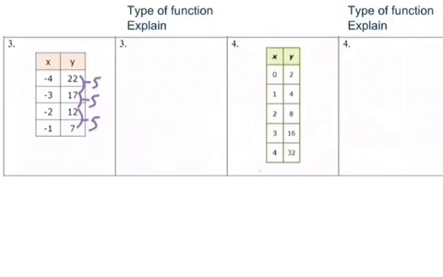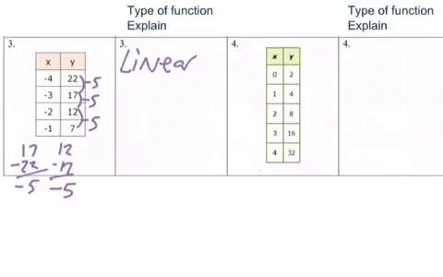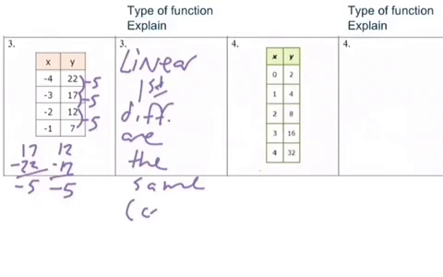If you can't figure that out, then you're doing the second number minus the first number, which is negative 5. The third number minus the second number is negative 5, and you would continue from there. But this one, again, would be linear, and your explanation would be first differences are the same, or you can use the word constant.